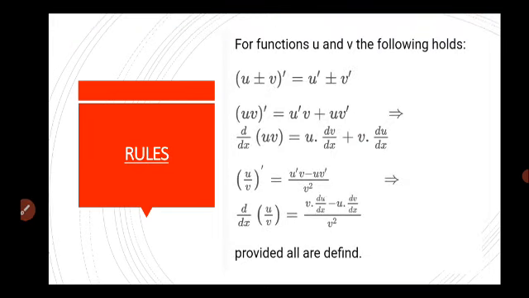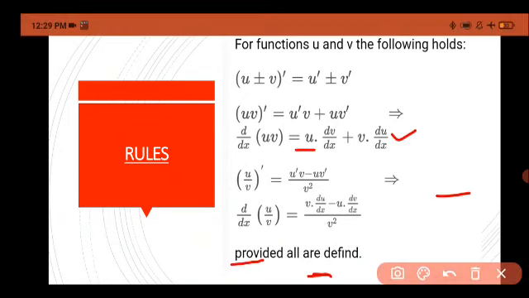Some rules are there. Suppose we are finding differentiation of two functions, and u and v both are functions of x. So (u plus minus v) whole dash, that means the whole differentiation we are finding, will be equal to the differentiation separately that we can add or subtract.